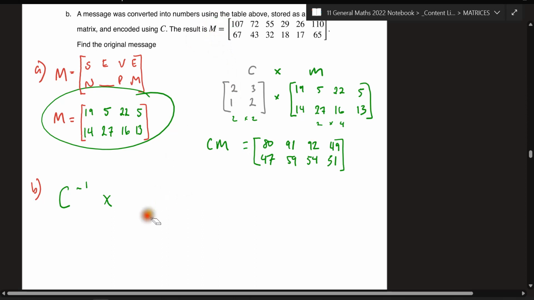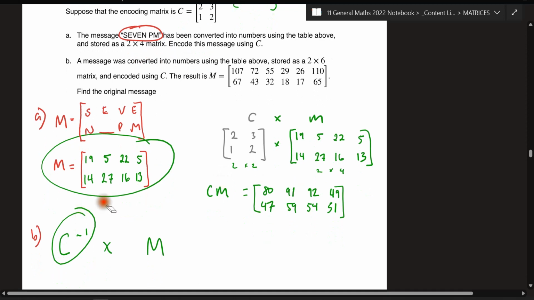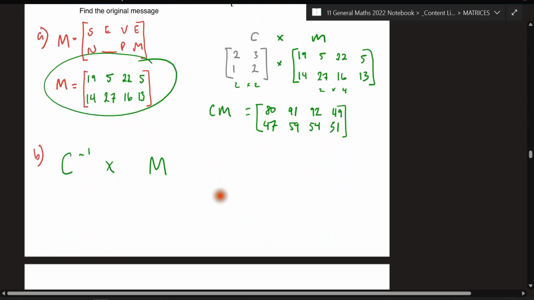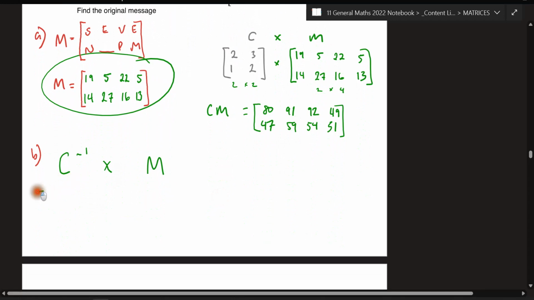So we're going to multiply C inverse, which is the decoding matrix. Because if that's the coding, the inverse would be the decoding. So C inverse multiplied by the message matrix. What we're essentially doing is decoding for matrix M, because we've got to figure out what the original message was.